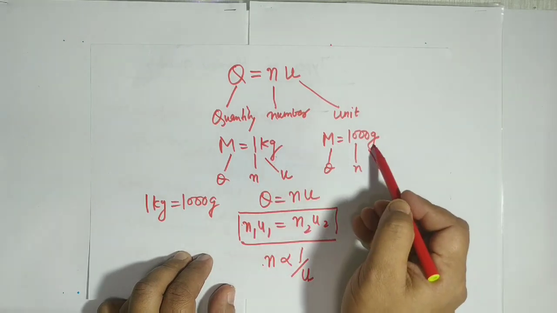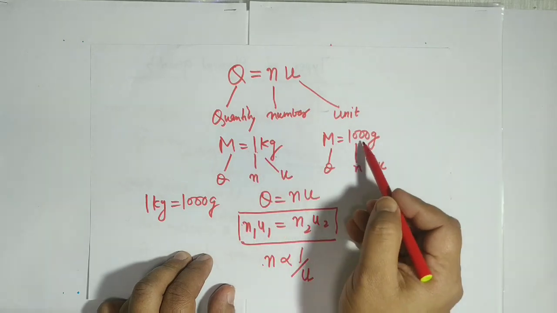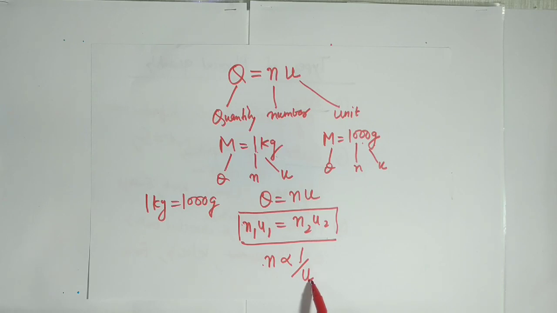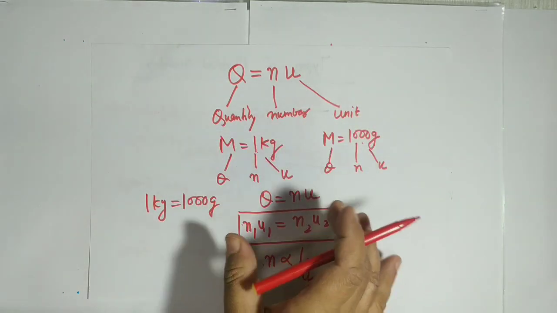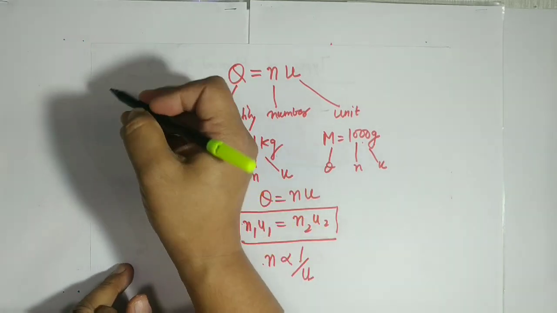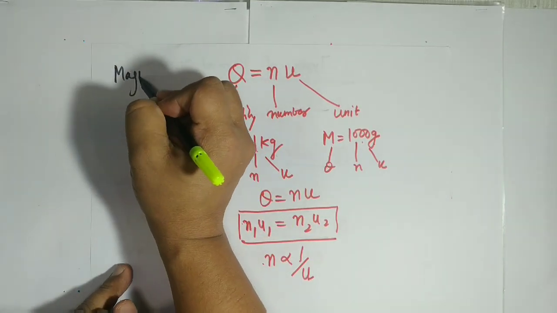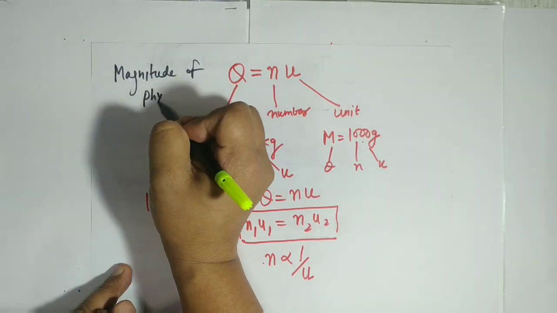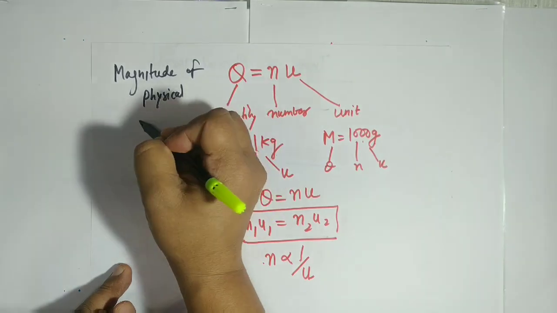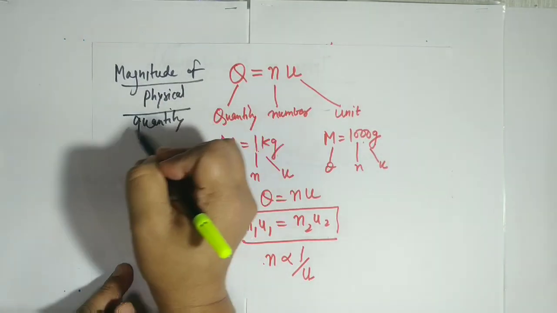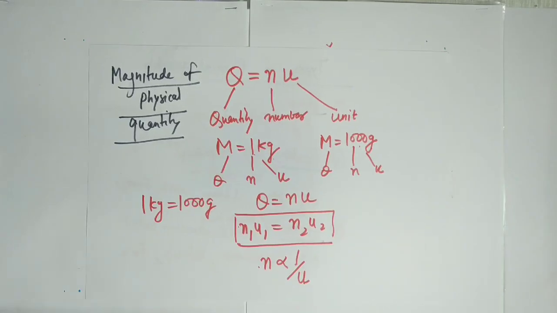Kg is bigger than gram, but the number 1 is less than 1000. So n is inversely proportional to unit. This is what we talk about as the magnitude of a physical quantity. So got it? Yes, 1 kg can be written as 1000 gram.